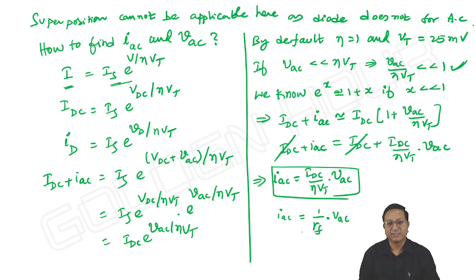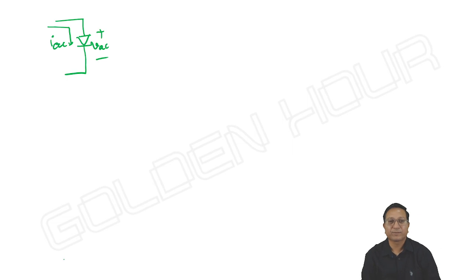What is meant by this? Suppose I have a diode through which the current flowing is IAC and voltage is VAC. That VAC should be in the order of millivolts.